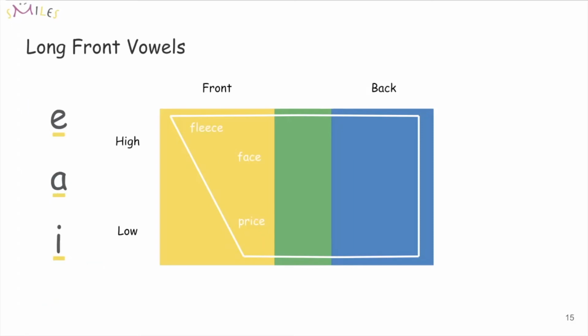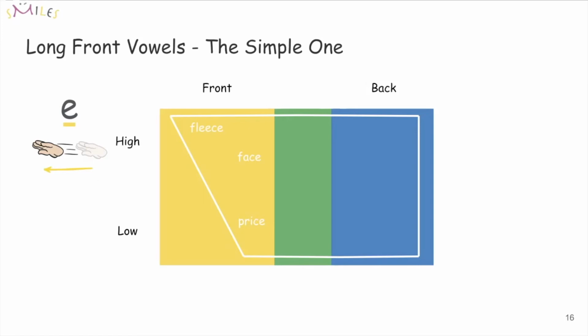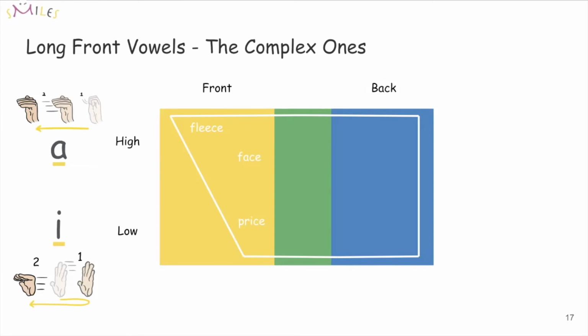The remaining 3 vowels are long vowels. Their duration is indicated by a dash subscript rather than a dot. E, A, and I. The E, as in fleece, is a long, simple vowel comprised of one sound, while the A in face and the I in price are complex long vowels, diphthongs.